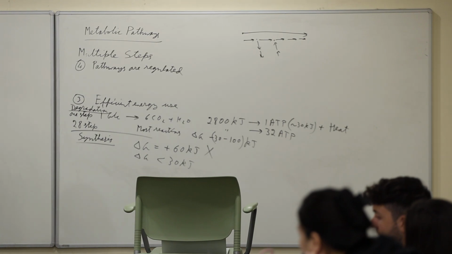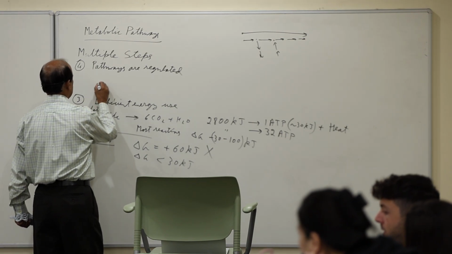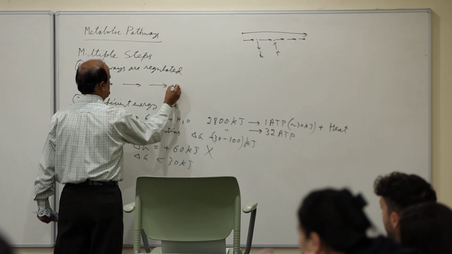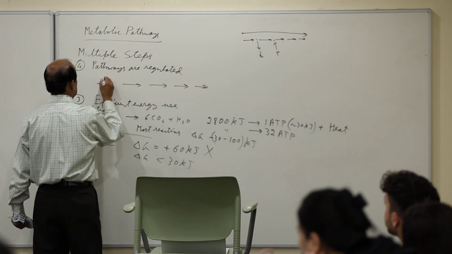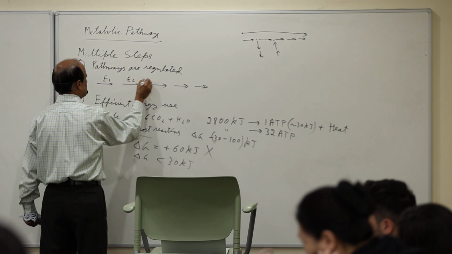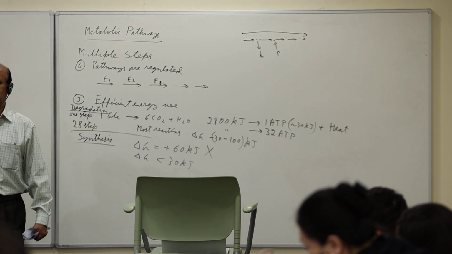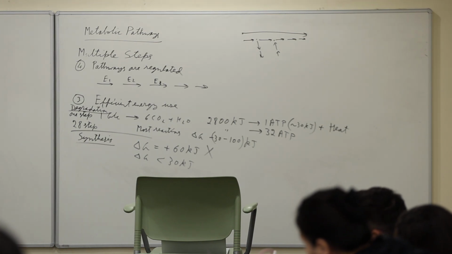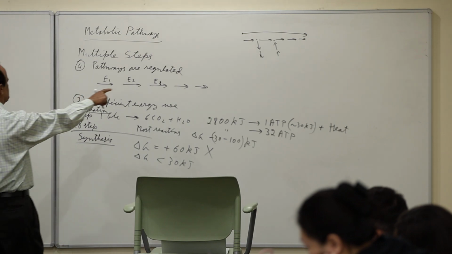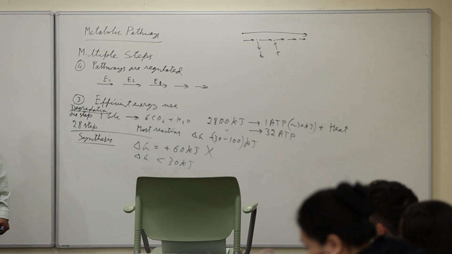Alright, so that is another reason why it is regulated. So what does that have to do with multiple steps? If you have multiple steps, that means you have multiple enzymes, so there are multiple opportunities for regulation. And as we will see later, all the reactions as I've written here are not going in one direction.